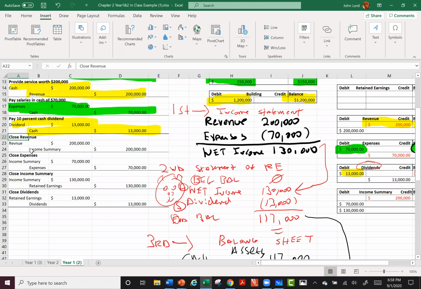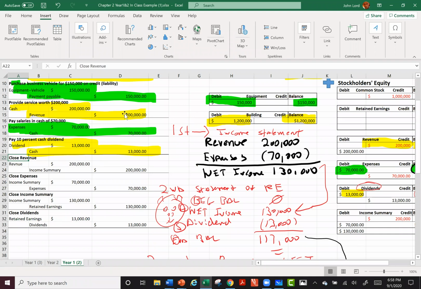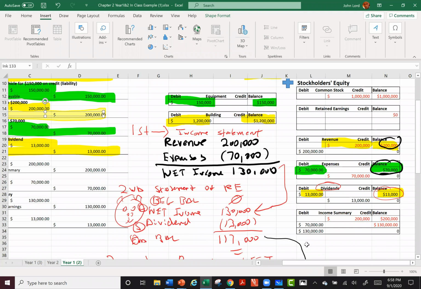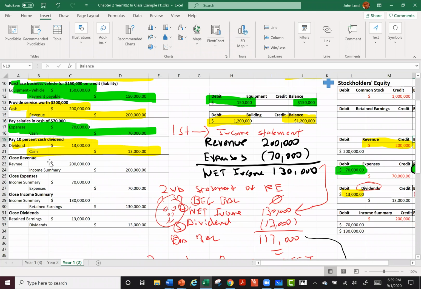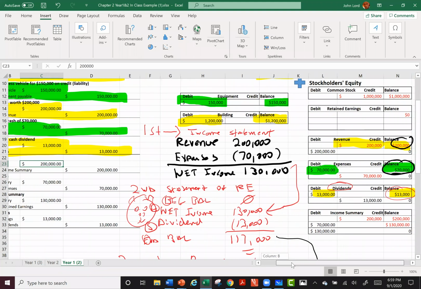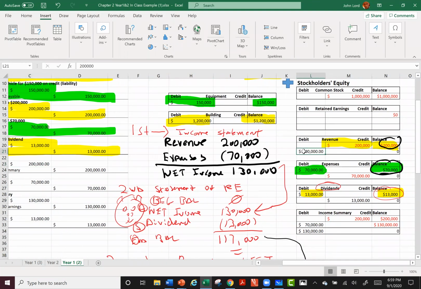Since my revenue got credited over here and I increased it with that credit and it came up to this 200,000, to turn it back to zero, to decrease it, I want to do what? I want to debit my revenue 200,000. When I debit my revenue 200,000, the balance is now zero.